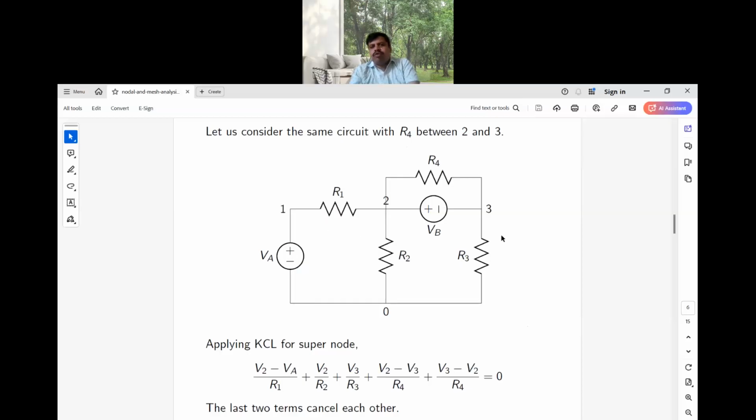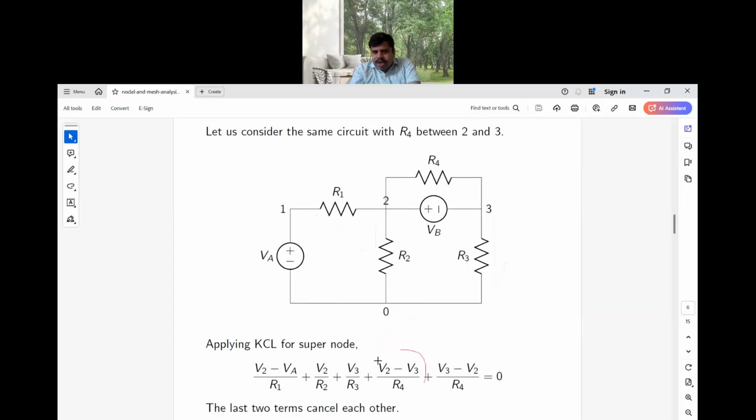So whenever you want to apply a supernode, at node 2, one current will flow through R1, one current will flow through R2, and one current will flow through R4. So V2 minus VA divided by R1 is related to this particular current. And V2 by R2 is related to this one. V3 by R3 is related to this one, the current flowing from node 3 to R3.